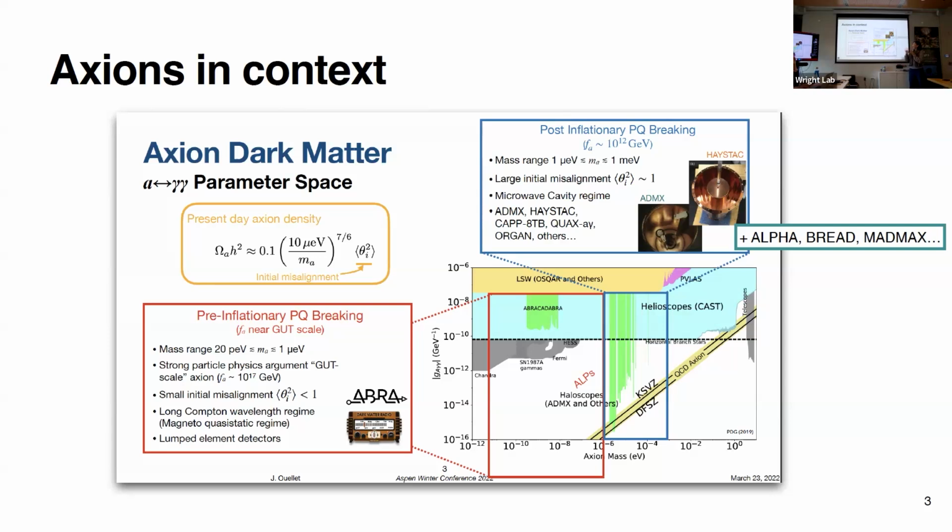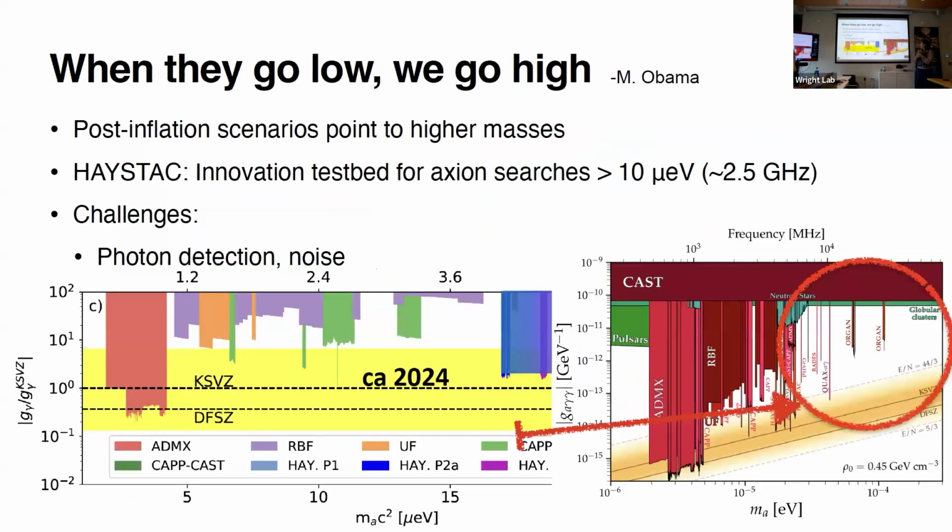Then there's a whole other set of experiments that assumes the axions were formed in a pre-inflationary scenario, and there's a big effort going on at places like MIT and SLAC with that. We're going after these higher masses because there's a big effort for the lower masses. I decided to just quote Michelle Obama and say, when they go low, we're going high.